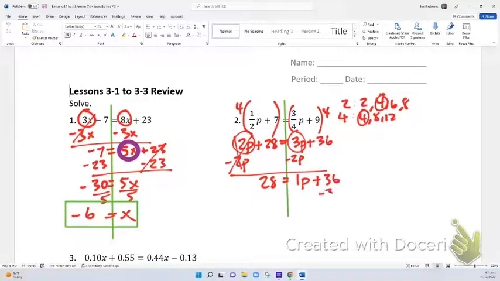Then you're going to subtract both sides by 36. And in this case, you get a -8 for this side. My apologies. And then over here, you're just left with 1p, so call that just p. Okay?